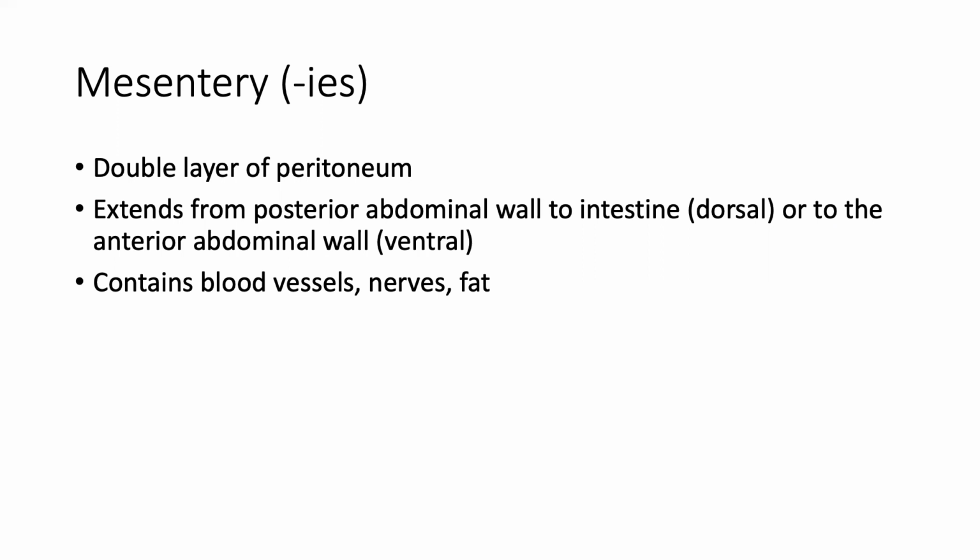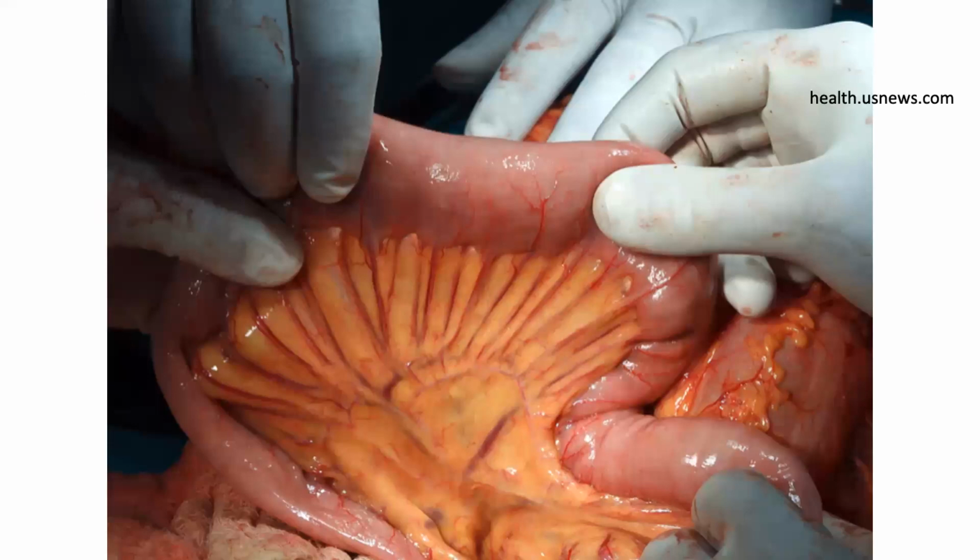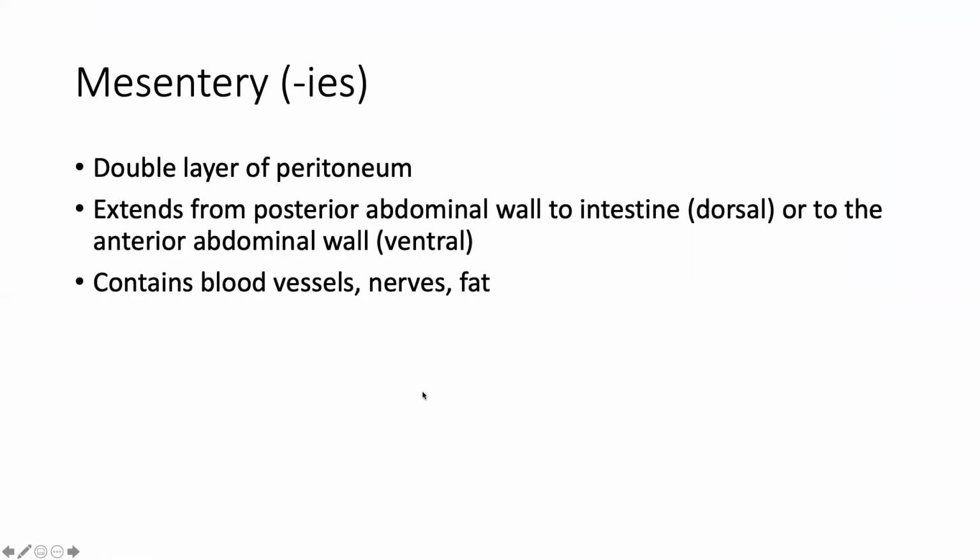And if they are going to the posterior abdominal wall, we call them dorsal mesentery. As you can see here, in the mesentery we see blood vessels and lymphatics. Therefore, the mesentery contains blood vessels, nerves, and fat.